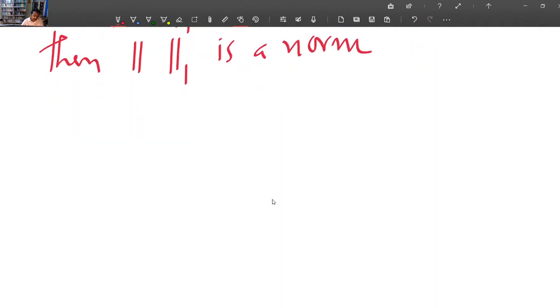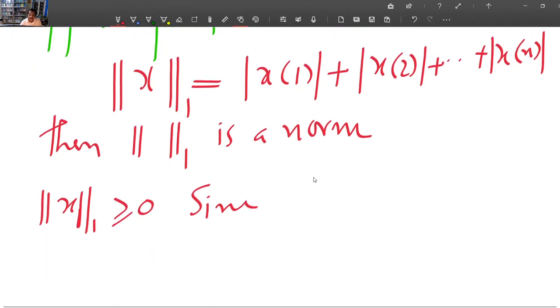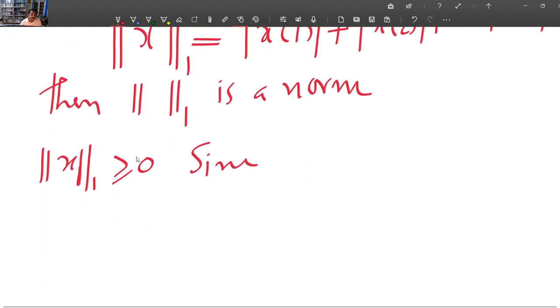For example, we have to check three conditions. One, the 1 norm of x is greater than or equal to 0. Since each of the components x of i has non-negative modulus, their sum will also be non-negative.